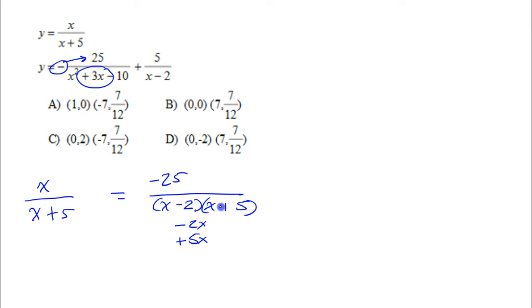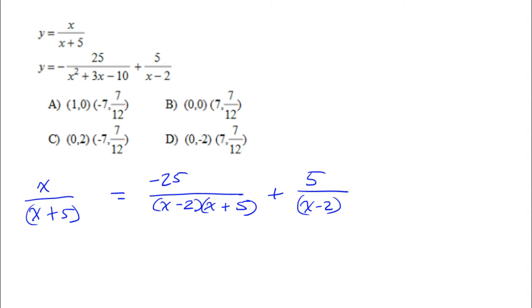So negative, positive. And a negative times a positive will give us a negative 10. So everything is good. Alright, and then we have plus 5 over x minus 2.